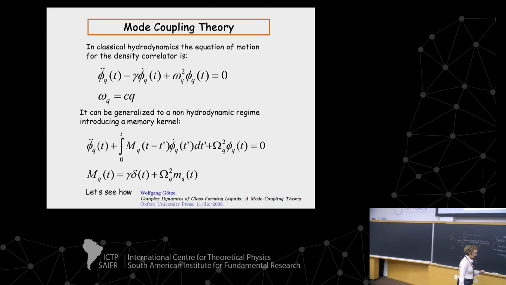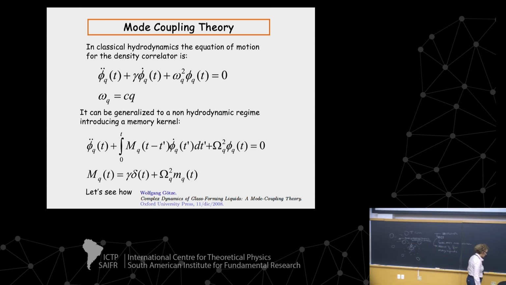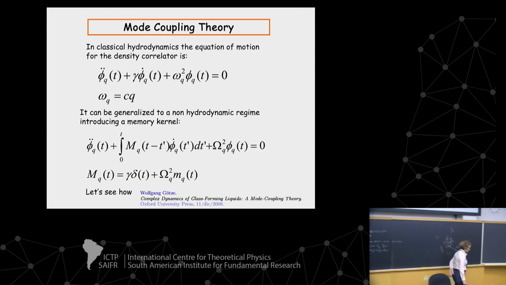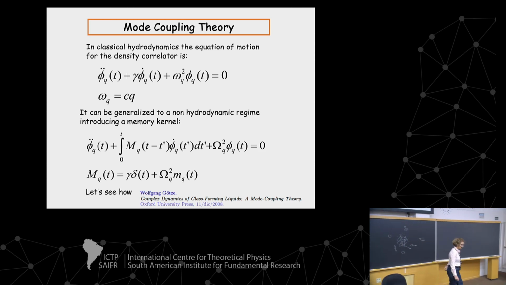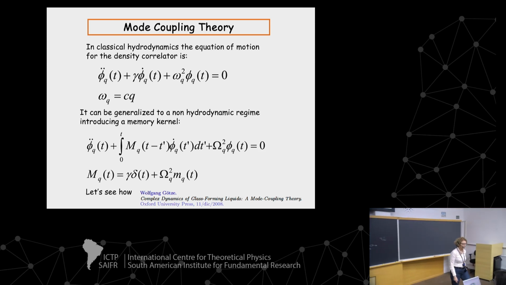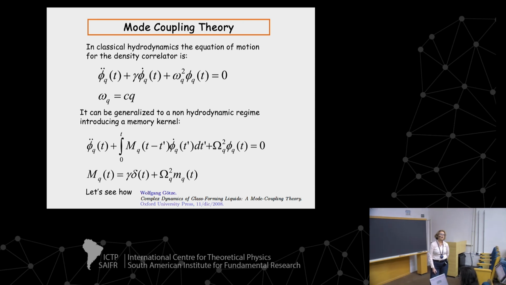At the beginning, Wolfgang, I knew him, he passed away, unfortunately, wanted to apply this mode coupling theory to the conduction of electrons in wires. But it was sort of working, but not so appreciated. So it turned to liquids.